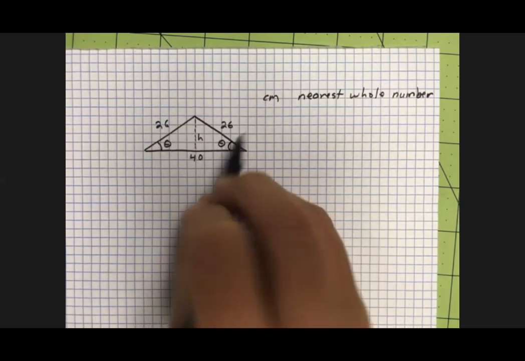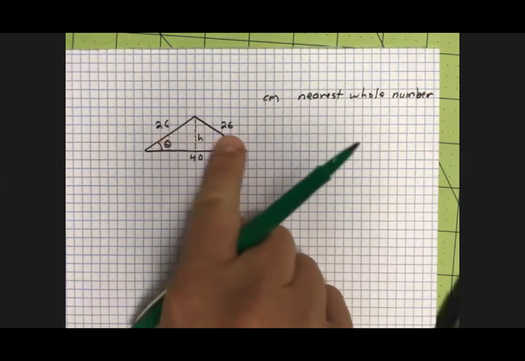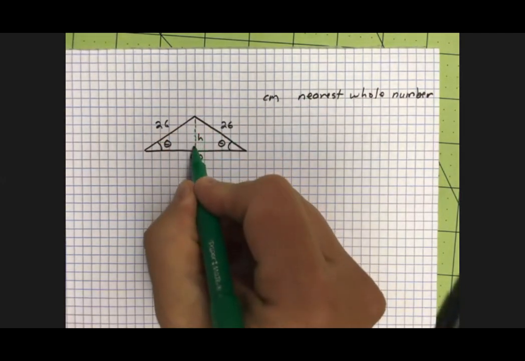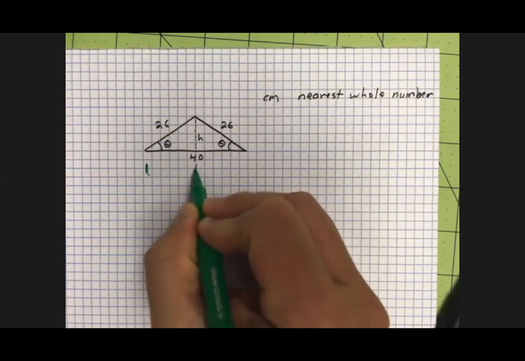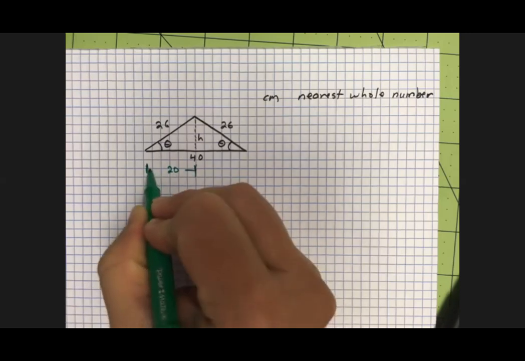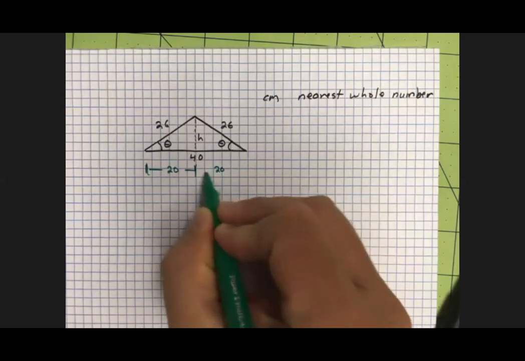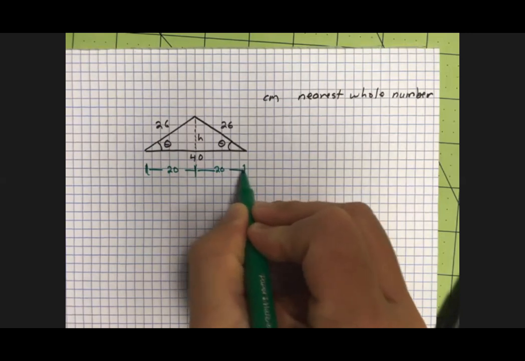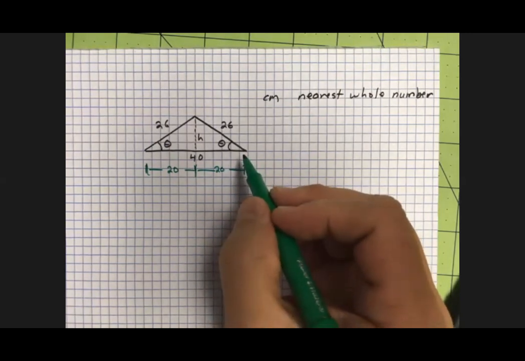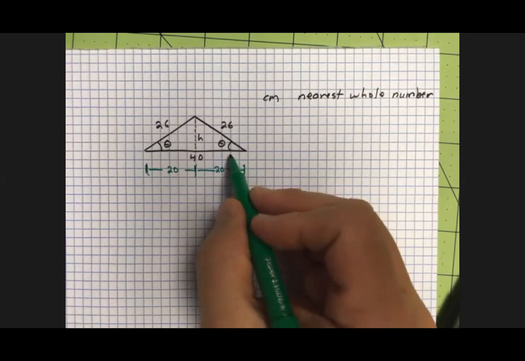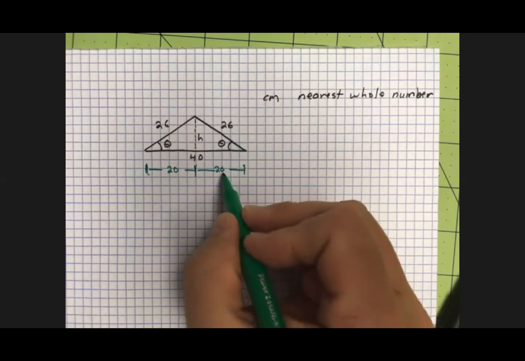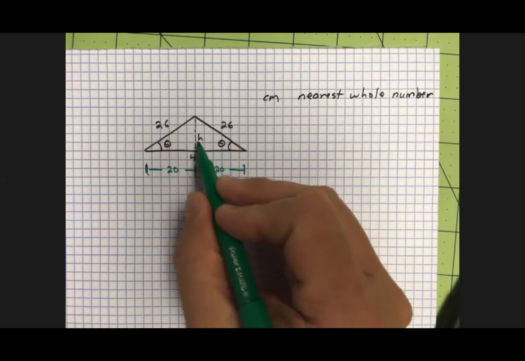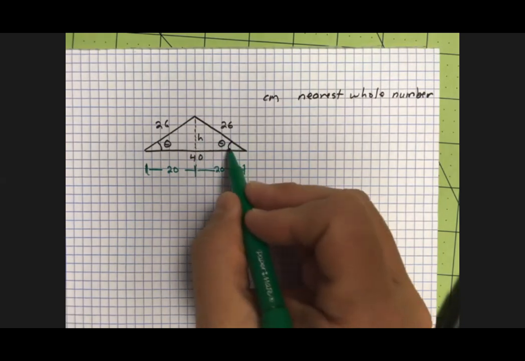Because this is perfectly symmetric, this height cuts it right down the middle, so this side from here to here must be 20, and this side from here to here must be 20. That's going to let us knock this out, because I can use the 20 and the 26, adjacent side and hypotenuse, to find the h and the angle.